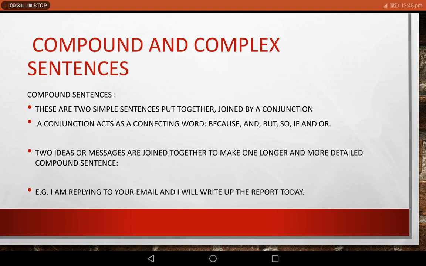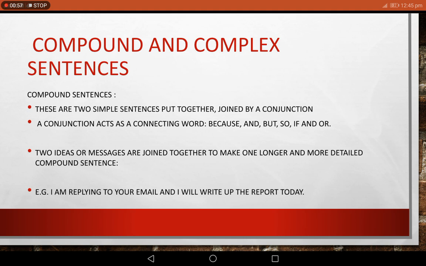Two ideas or messages are joined together to make one longer and more detailed compound sentence. In the example, I am replying to your email and I will write up the report today. The first part, I am replying to your email, is a complete sentence in itself, and also the other part, I will write up the report today, is a complete sentence and a simple sentence.